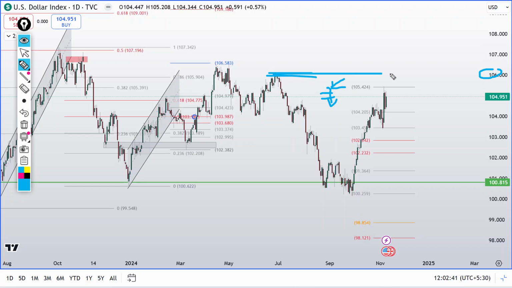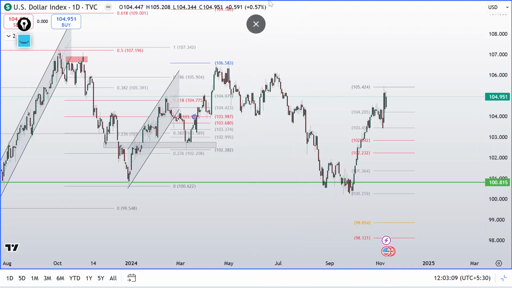If it moves to the higher side like this, then it is going to put pressure on the gold bulls, and we can see a decline on the gold chart. Here we have to wait and see how the dollar chart reacts, then we are going to decide the move on gold.